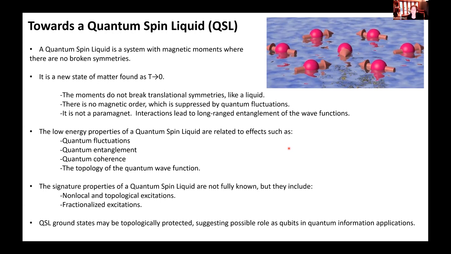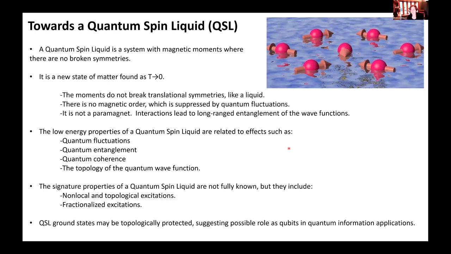And so in that respect, since the state can be found potentially at zero temperature, we view it as a new state of matter, analogous to the ordered phases that we're more familiar with. So as I said, the consequence of not breaking any kinds of symmetries, in particular translational symmetry, the magnetic moments themselves have the properties of a liquid and not of a solid.